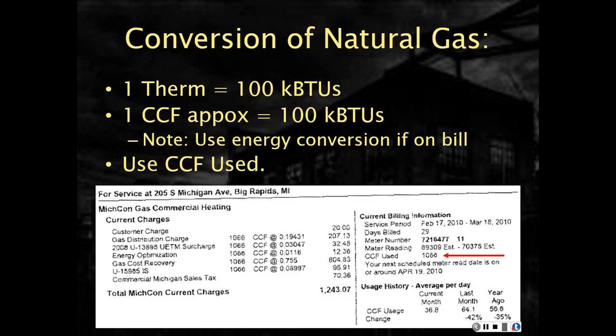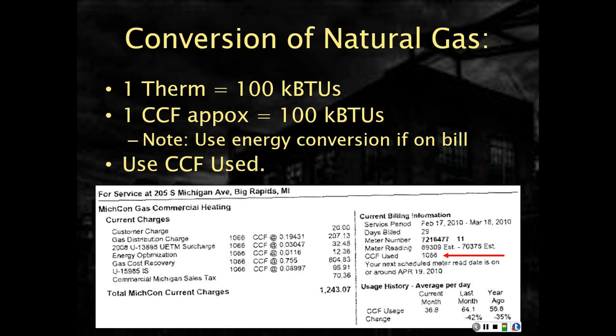The next thing, in a typical building, most buildings use natural gas for something. The conversion of natural gas would be 1 therm is equal to 100 kBTUs, or 1 CCF, again 100 cubic feet, is approximately equal to 100 kBTUs.